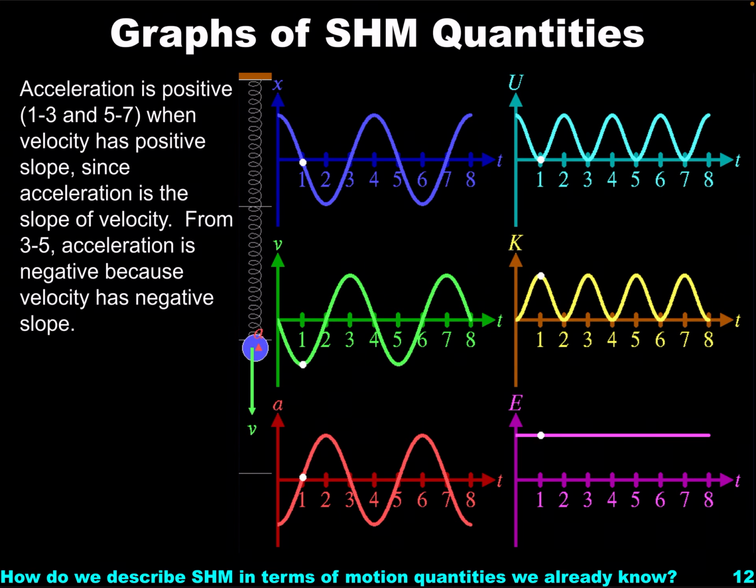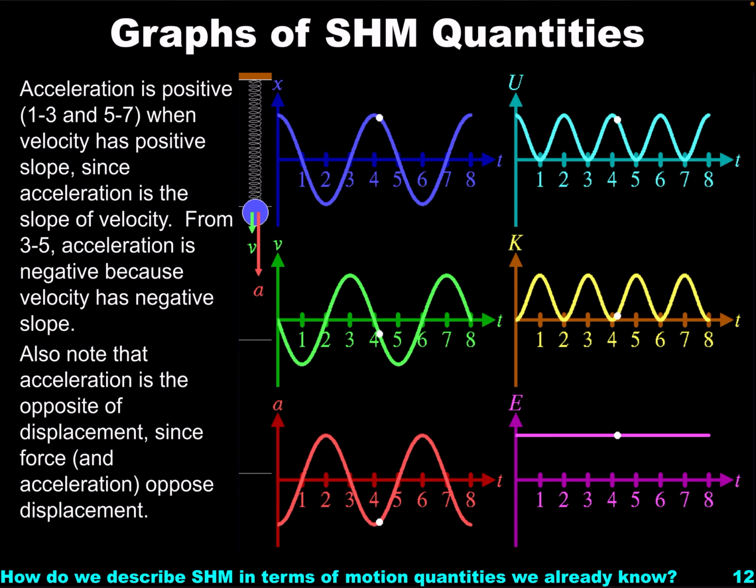And therefore, you should have positive acceleration in the red graph below during those same time intervals. You'll also notice that from 3 to 5 seconds of the green velocity graph, you have a negative slope. And this, of course, corresponds to a negative acceleration on the red graph below.